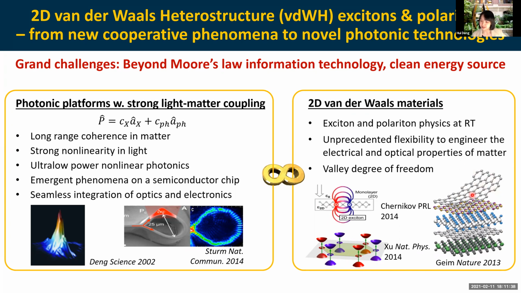And because there are no out-of-plane dangling bonds, they are stable even as a single molecular layer, and much less sensitive to the surroundings compared to conventional materials. The surface effect is almost diminished. That's what makes them so special, both for graphene and later for a larger group of compounds that are also van der Waals materials.